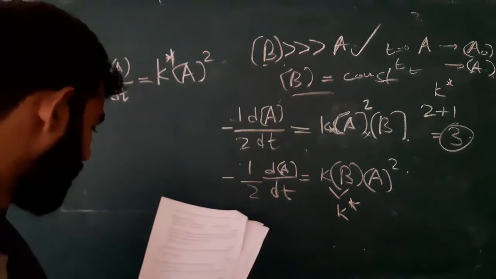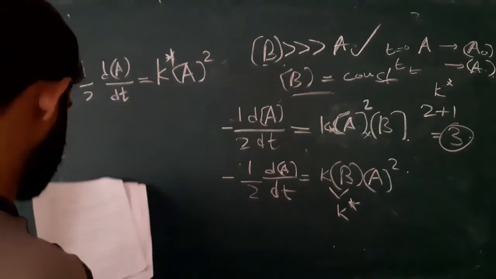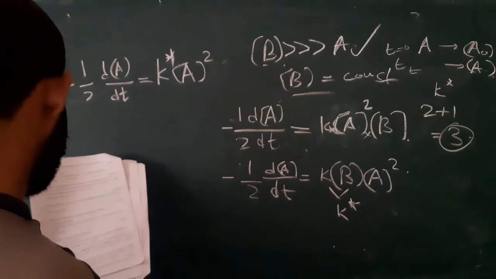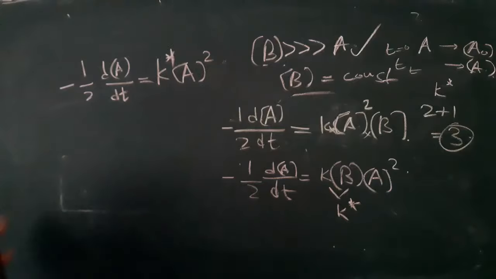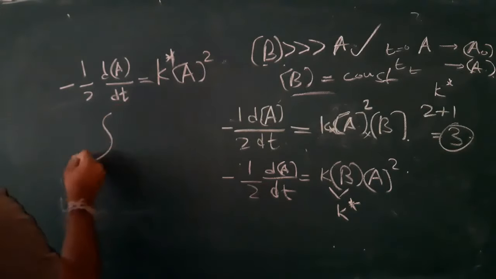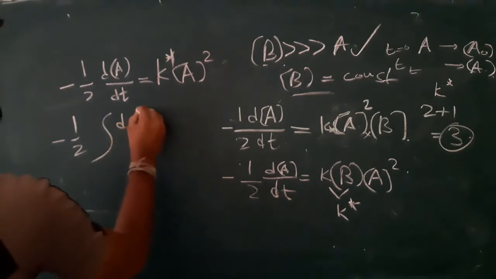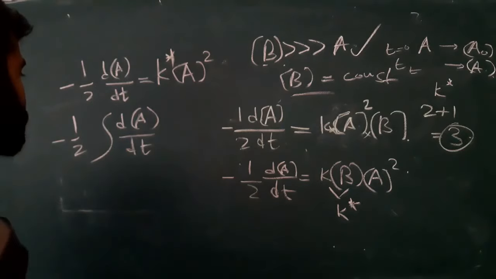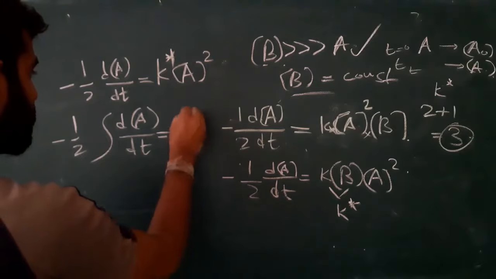Now they ask to derive an expression in integrated form for the pseudo rate constant of the reaction in terms of concentration. So we have to integrate this equation. How can we integrate? We will put integral marks here.